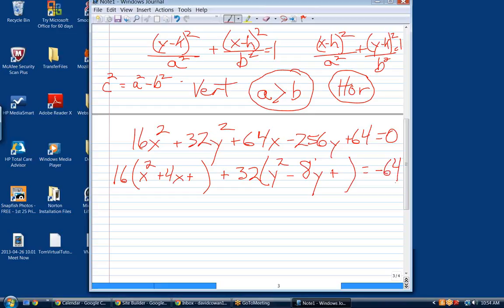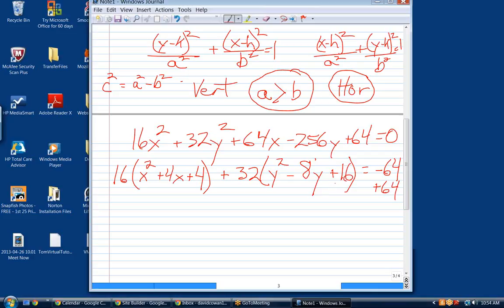Okay. Now let's do our next step. So that would be 4 plus 4, and then you add 64 to the other side. And then for the other one, you have 16, you add 16 times 32 to the other side.